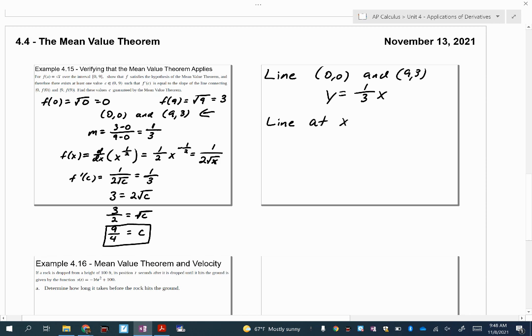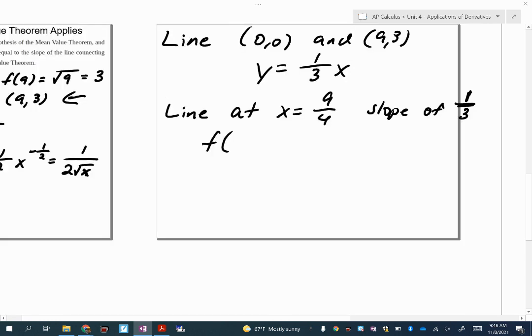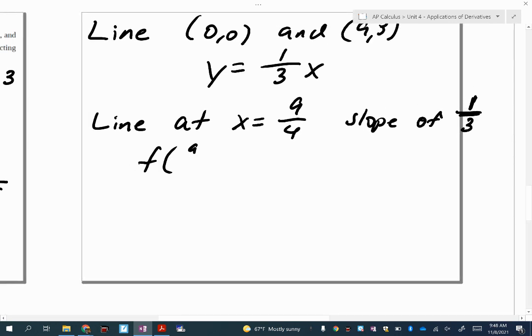All right, that's tangent to this curve, right? The line at x equals 9/4 that has a slope of 1/3. All right, so to write this, I need to find the y value for this. So plug in 9/4. And you don't have to do all this work.